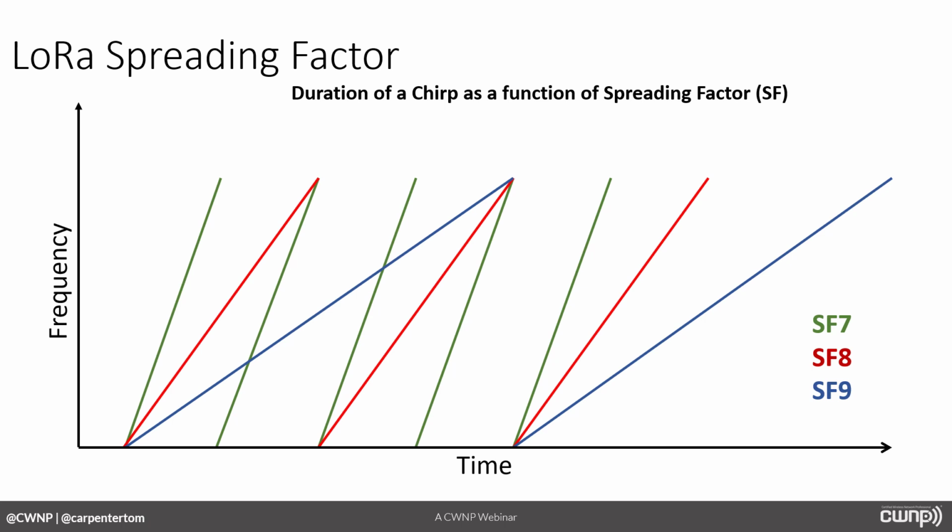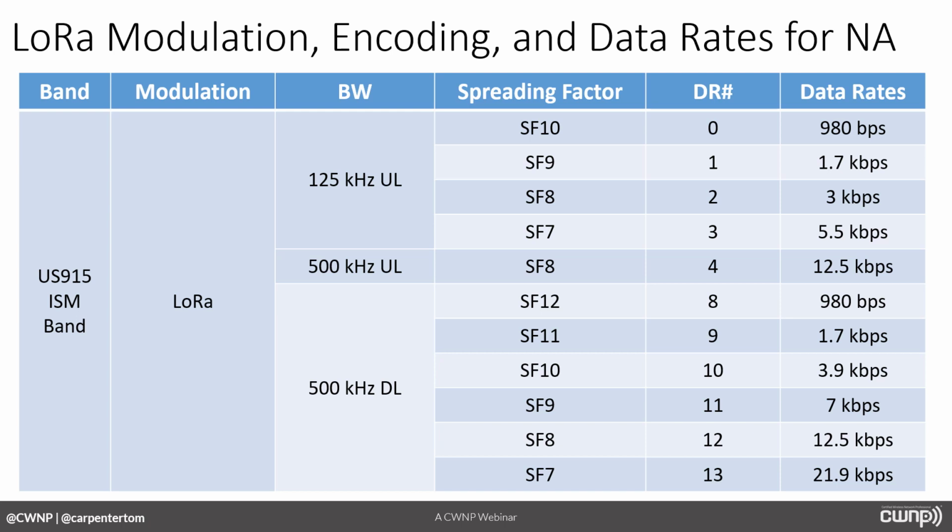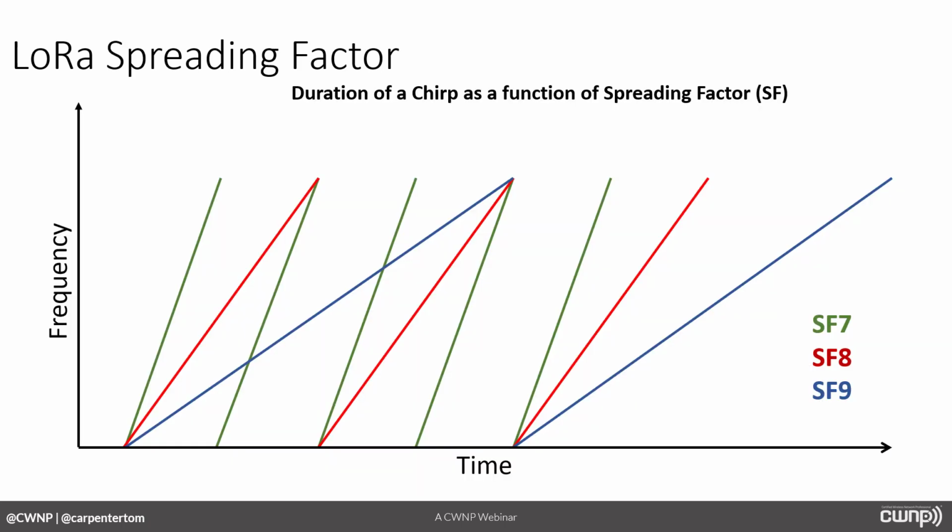We've got the same frequency bandwidth, but we're taking more time with SF9 to spread across the frequency than we are with SF8 or SF7. So going back, notice that SF7 has a higher data rate than SF8, which has a higher data rate than SF9, and so forth. So why is that?